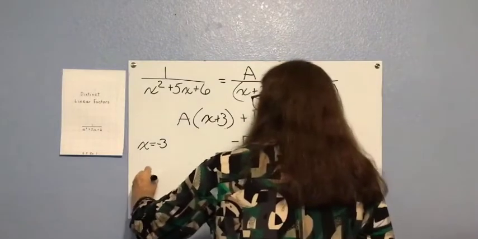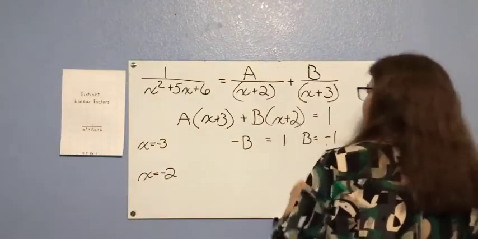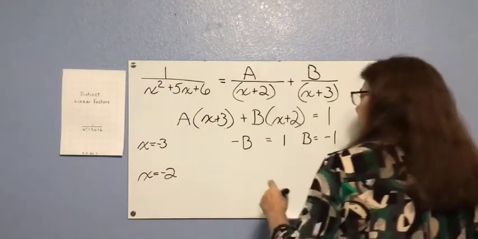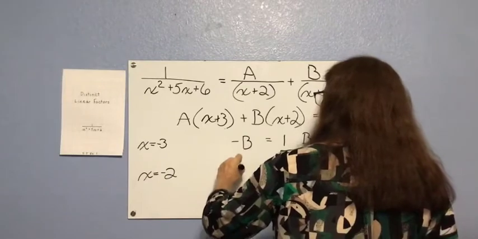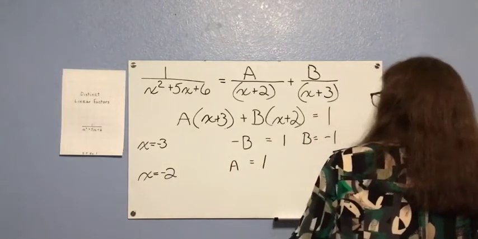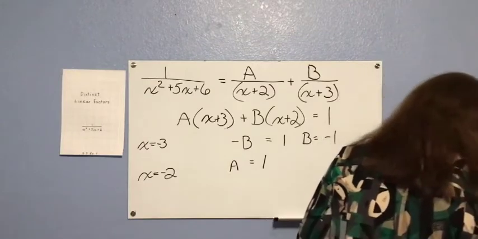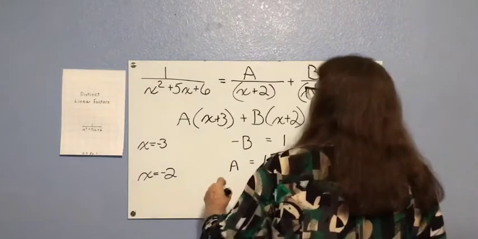Next, I'm going to choose x equals -2. That's going to make this factor go away. And -2 plus 3 is going to be +1, so I'll just have A equals 1. And so my decomposition is going to look like this.